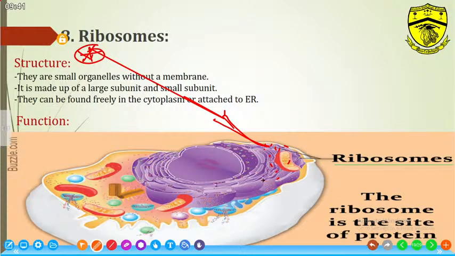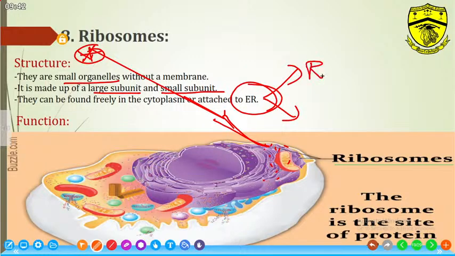They are small organelles without a membrane. A ribosome is made up of a large subunit and a small subunit. They can be found freely in the cytoplasm or attached to the ER. Ribosomes attached to the ER make it rough ER, or rough endoplasmic reticulum.